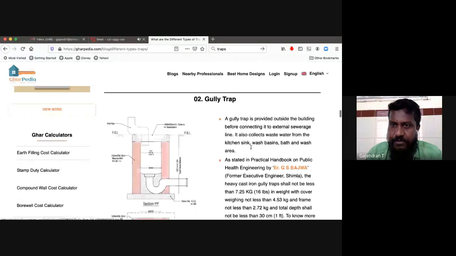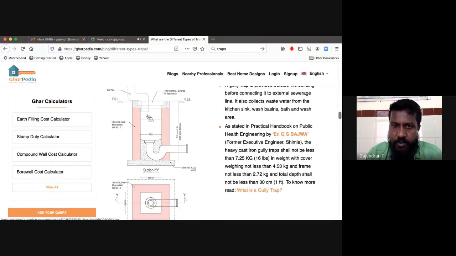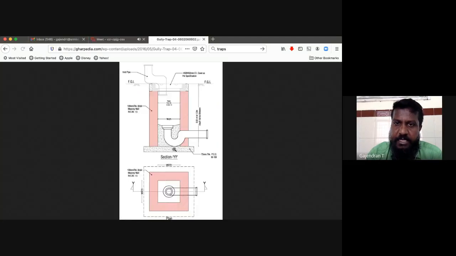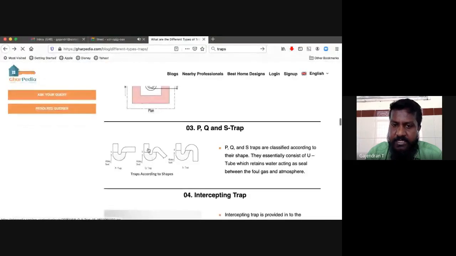So what is a gully trap? It's on the outside of the building where a water outlet is put, then a collection pit is there, and then you can see a P trap at the bottom. This way, it leads on to the sewage. What we call this water stagnation is the water seal.